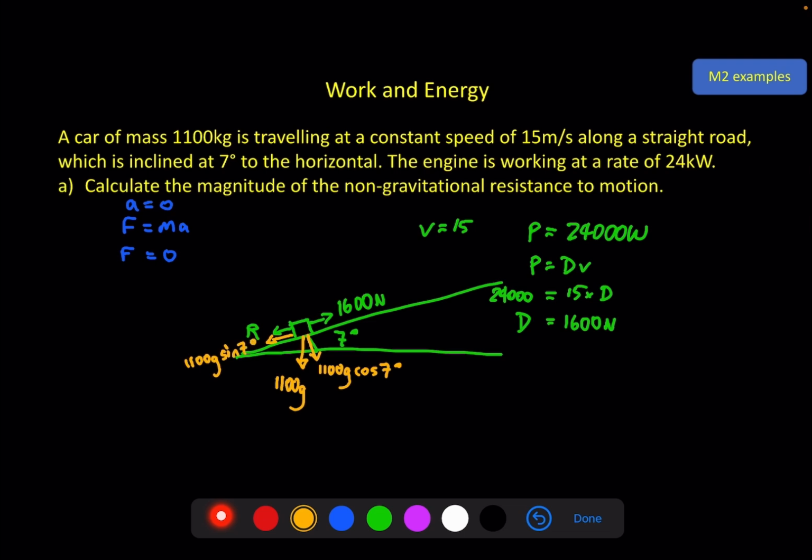Now I've got all three of my forces that are acting parallel to the plane. We've got the component of the weight, the non-gravitational resistance forces, which is what I want, and the driving force. And these three together make up the resultant force, which must be 0 if there's 0 acceleration. And it's going up the plane, so the 1,600 is positive, the other two negative.